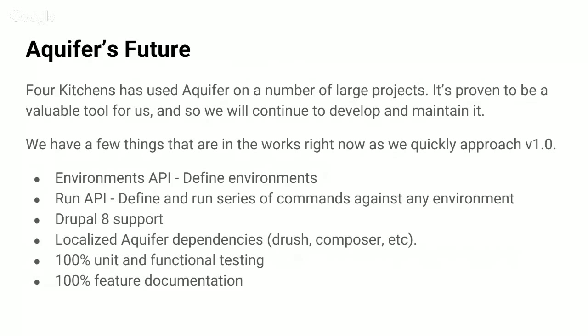We've had it on several large projects, and it's enabled us to speed up certain parts of our development cycle. While I don't have any numbers behind that, and it'd be hard to get numbers, it has been very helpful for us.